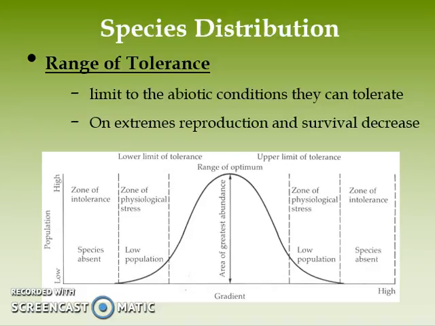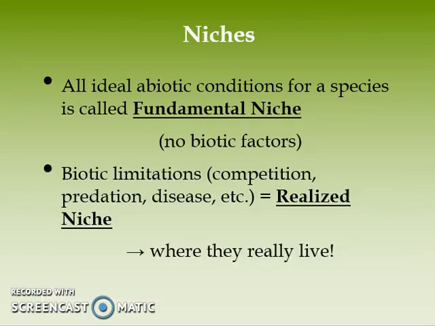So if you take an organism's range of tolerance for all their different factors, and you find an area that has all those perfect ranges, the right temperature, the right precipitation, the right pH, the right light intensity, everything that an animal needs, that area is going to be referred to as their fundamental niche.